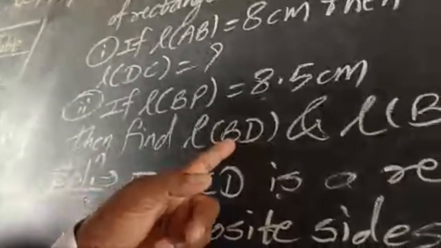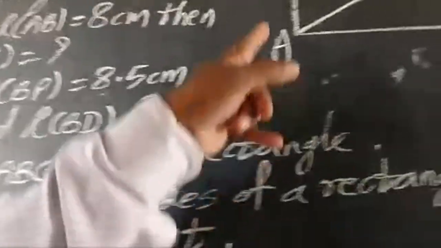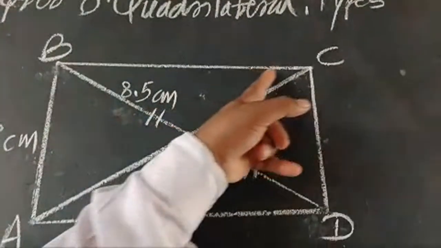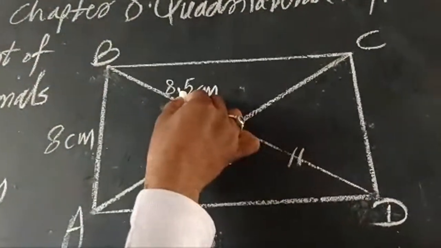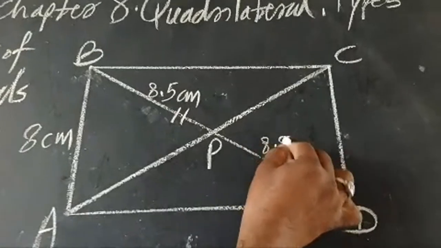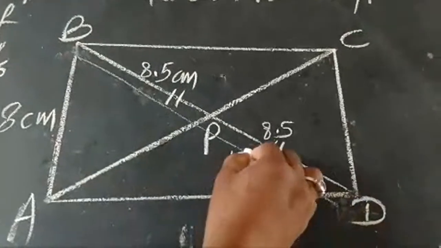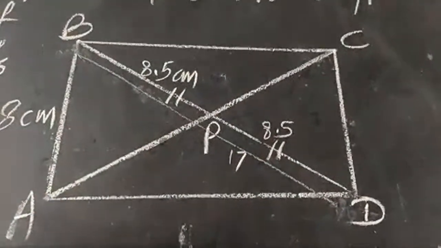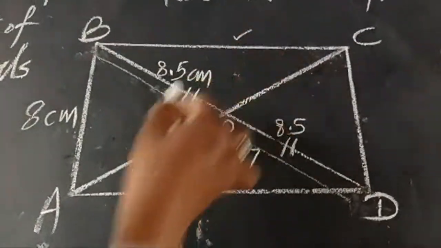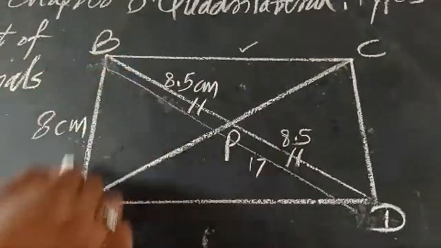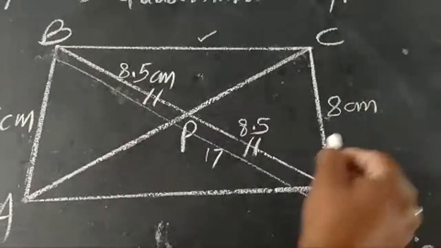That is the second answer. One answer remains, length BC. We can find this total length, this 8.5 and here also 8.5, total is 17, and the asking question is length BC. This is 8 centimeter, therefore here also 8 centimeter.